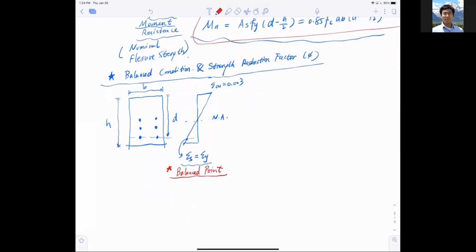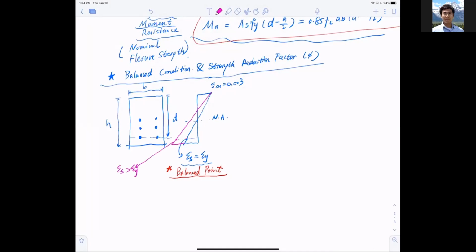Now if I have another case, let me use a different color so you see better. If I have another line that goes this way, naturally in this case my epsilon s is greater than epsilon y.